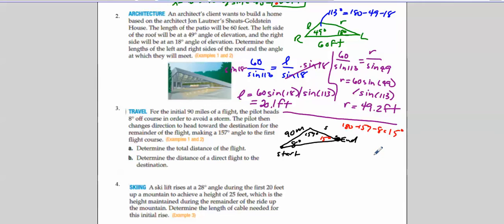And then we can set up our law of sines because we can say 90 over sine 15 equals, and we're trying to find s, so I have s over sine 8. Oh, so then you're going to multiply both sides by sine 8.